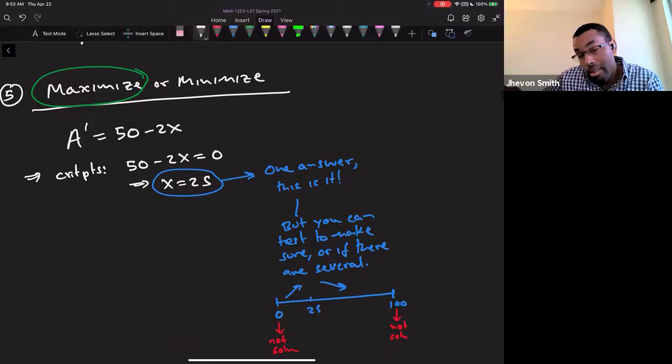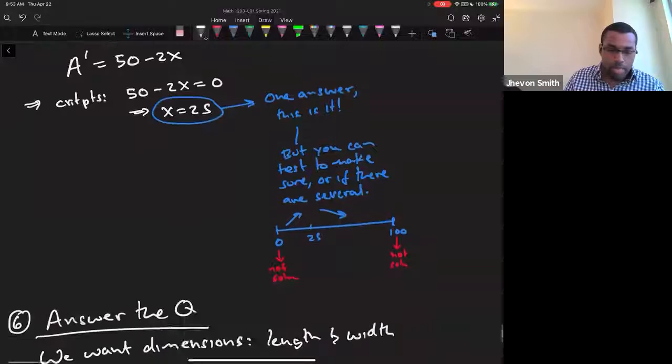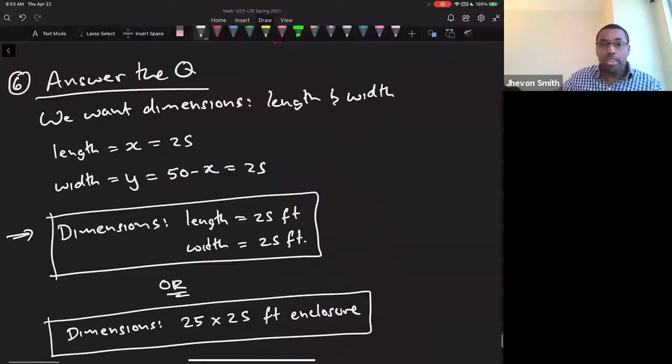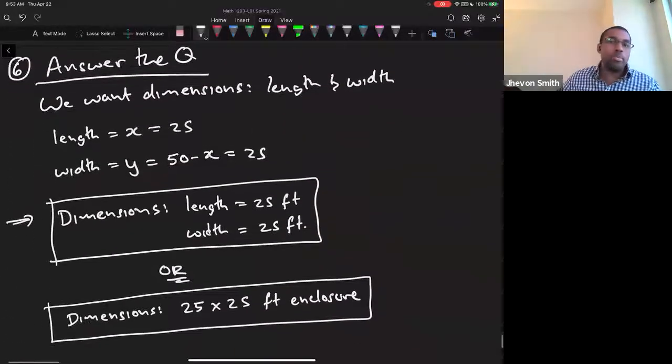Whenever you have 1 answer, that's going to be the answer, really. But you can test it if there are several answers. And you should test the endpoints technically, but it's very rare that the endpoints are going to give you the answers. The endpoints are going to be like, that's not even possible to create something. After finding what you need to maximize or minimize, you answer the question. Here the question asks for dimensions.